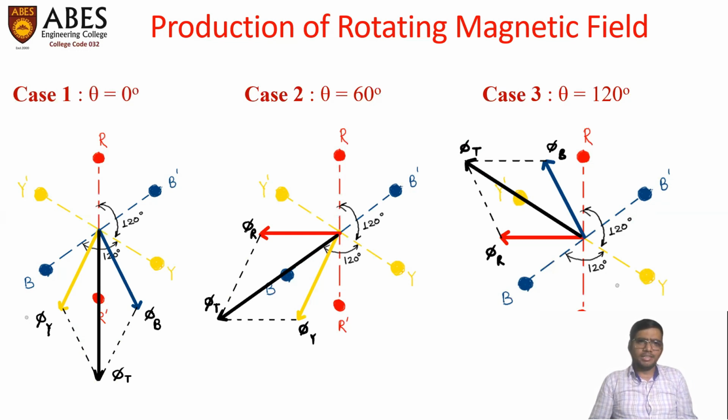So by analyzing these three cases, we can say that for each cycle, that is theta of 360 degrees, the resultant magnetic field will complete one revolution.